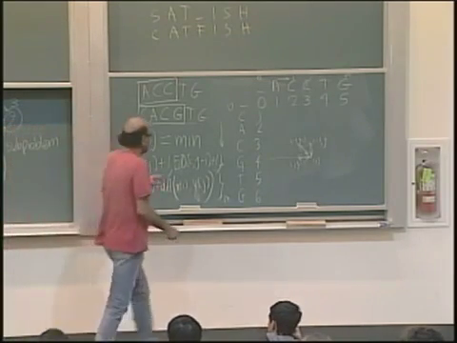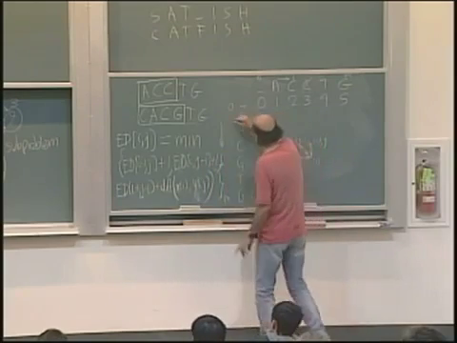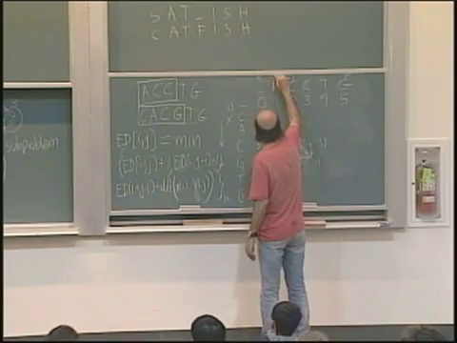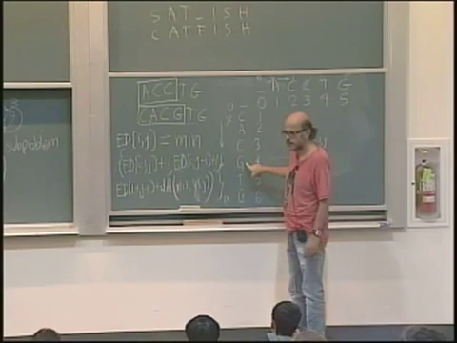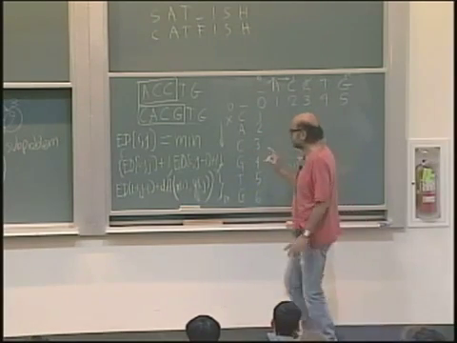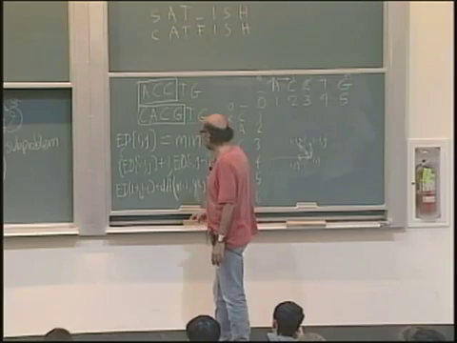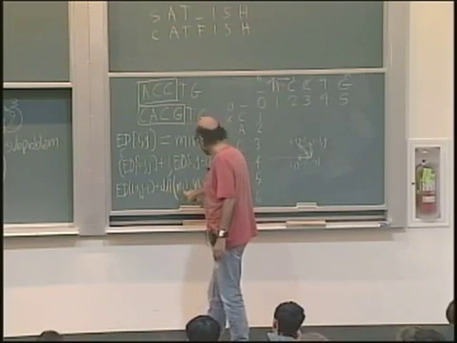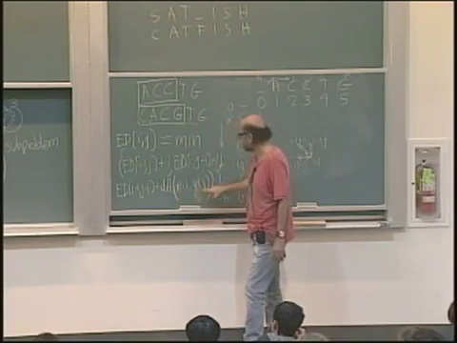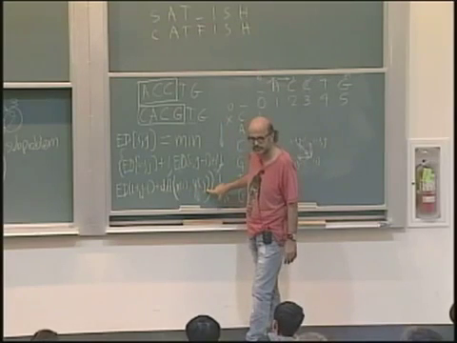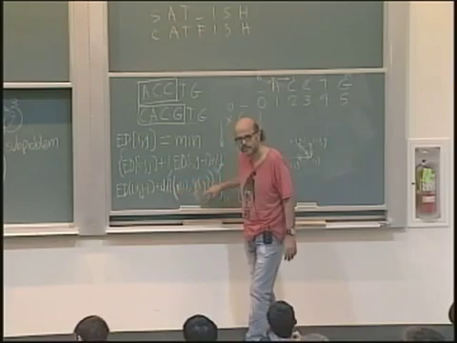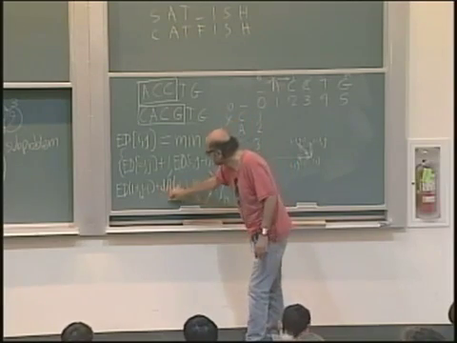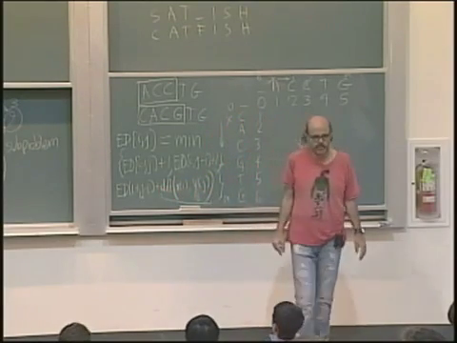So x_i is this guy. This is, let's call it string x. This is string y. x_i is g. So this equation says that if the ith letter of x is different from the jth letter of y, then I have to add 1.